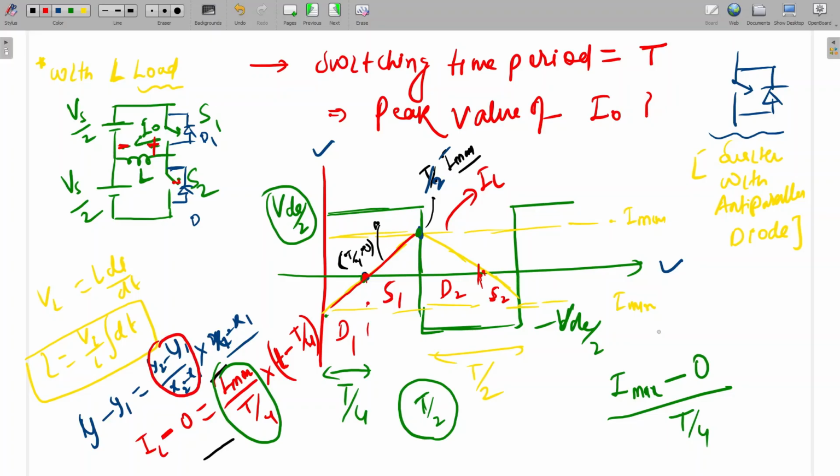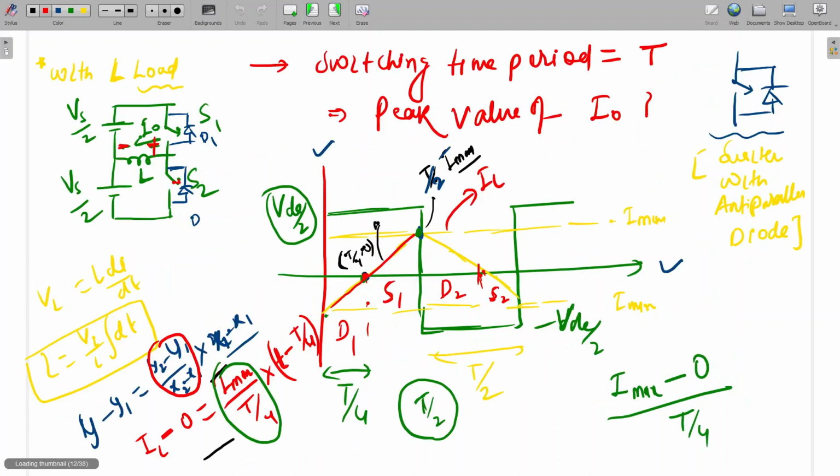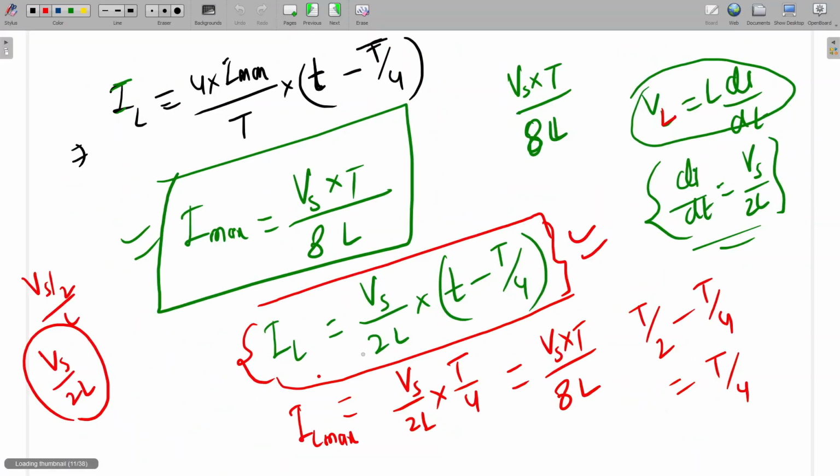So what will the slope be? VL is equal to L di by dt, so di by dt is equal to VL by L. VL is Vs by 2, so the slope will be Vs upon 2L. That value only I have kept here. So IL is equal to slope into t minus T by 4. Is it clear? Is it clear to all?